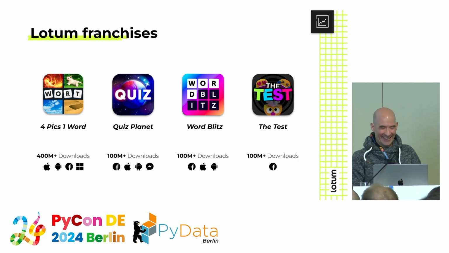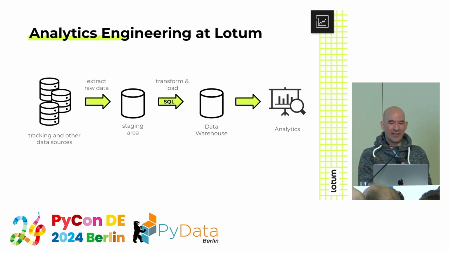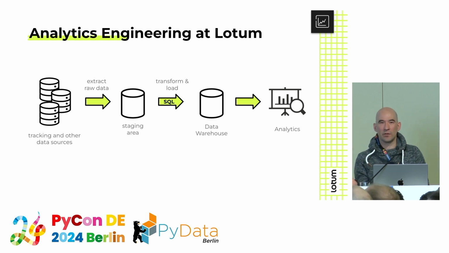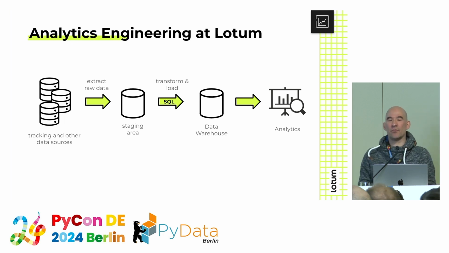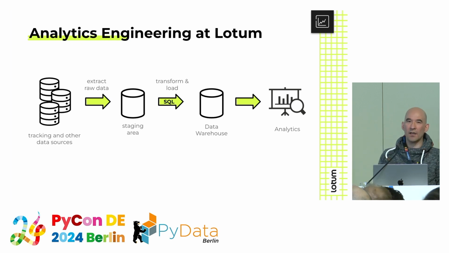Amazing. Wonderful. So analytics engineering at Lotum, we have this fairly standard ETL pipeline. The data practitioners among you should know this. It shouldn't look too unfamiliar. We collect tracking data from our mobile games, everything the users interact with, what they click on, what they saw, what they actually did in their games.